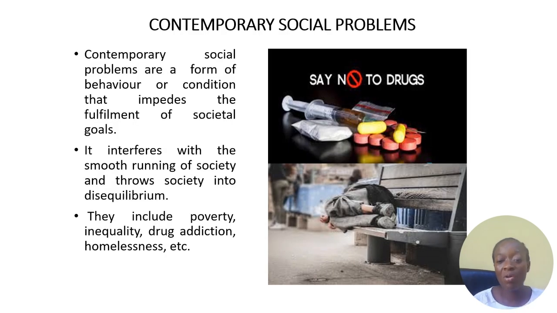Then we have contemporary social problems, which include poverty, inequality, drug addiction, homelessness. Such problems interfere with the smooth running of the society. And definitely, when there's a problem like this, it throws the society into disequilibrium.